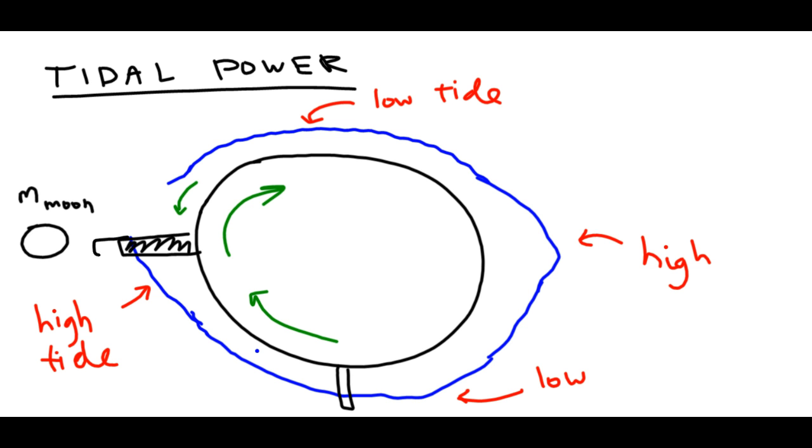So if the water is moving like that, as it comes forward, as we move our wall, and it slams into the water, some water gets caught, and it bulges up a little bit more, like that. And that allows us to put a tube connecting the two sides, and then we can flow water from the higher end to the lower end, producing electricity.